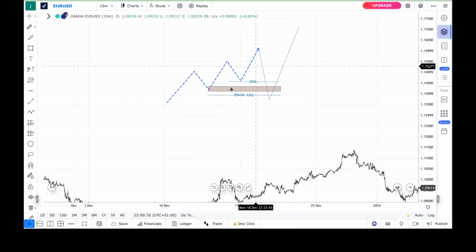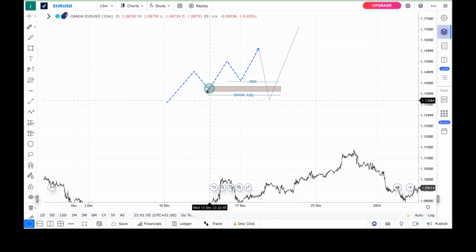First reason is, if everyone buys on this order block, then the institutional traders won't have enough sellers for their buy orders that they're about to execute here.